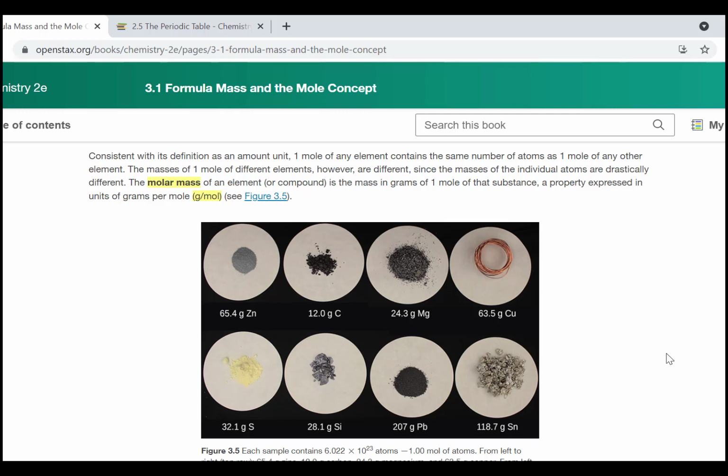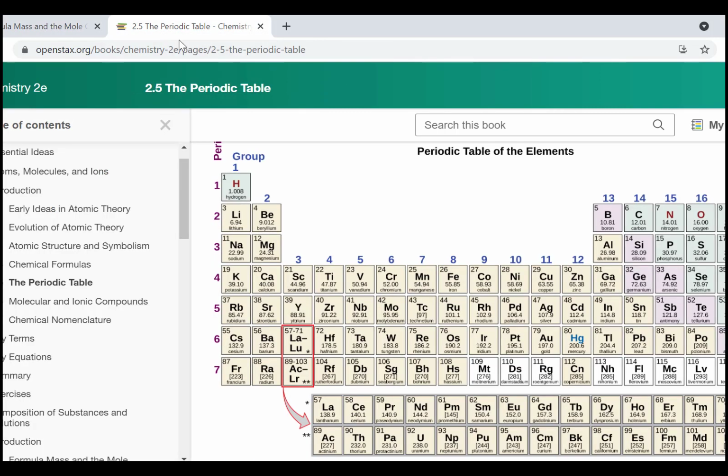Now, one thing you might notice is that, depending on the element, we might have a bigger mass or a smaller mass, and that's essentially based on the atomic masses of the elements. So something that's larger.